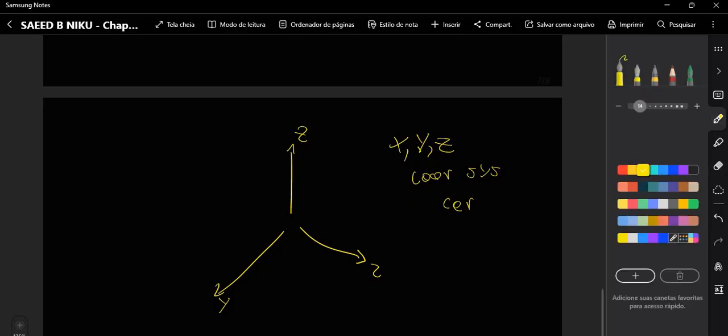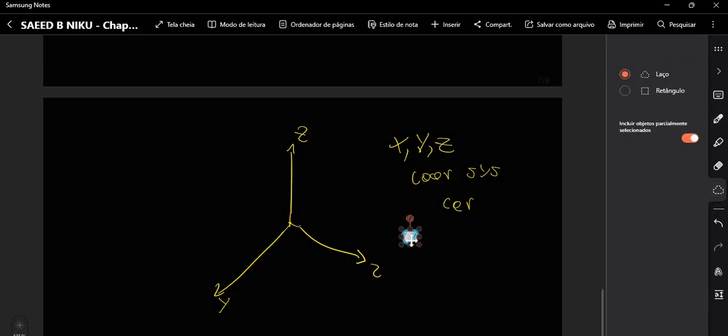So imagine that this point must be fixed, and it moves only along the x-axis, y-axis, and z-axis.